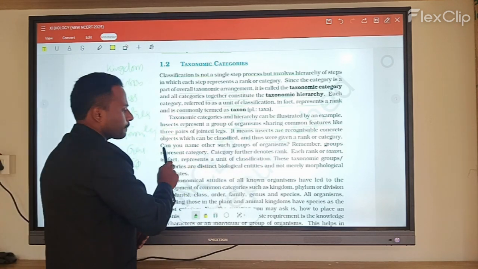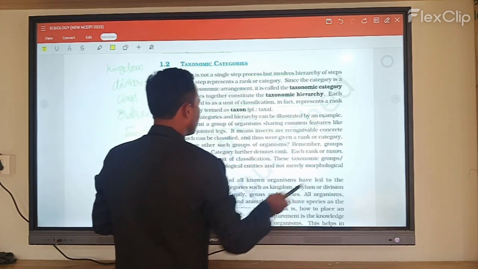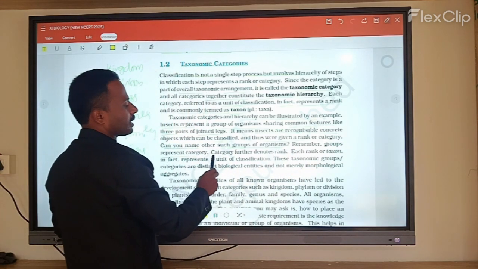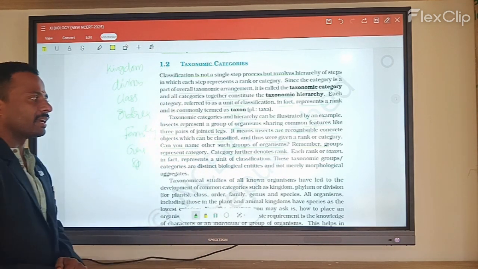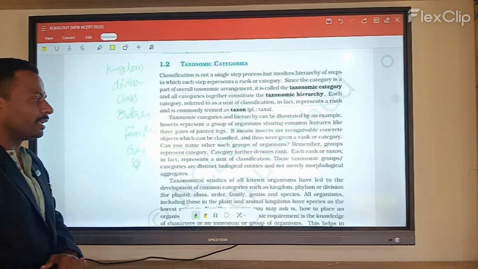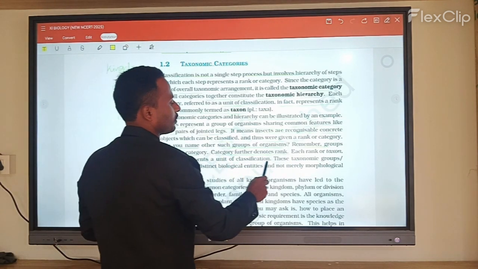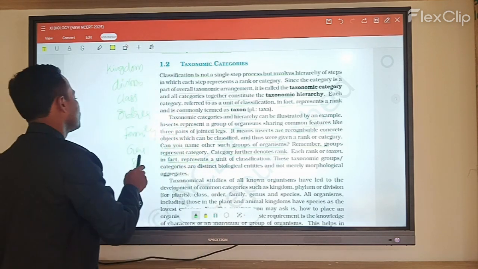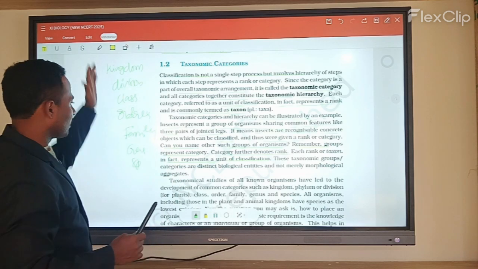Next, can you name other such groups of organisms? Remember the categories represent ranks. The categories further do not rank, so when you observe different categories, they are not complete in a rank. Each rank of the taxon represents a unit of classification. So each taxon or rank will form one systematic classification.